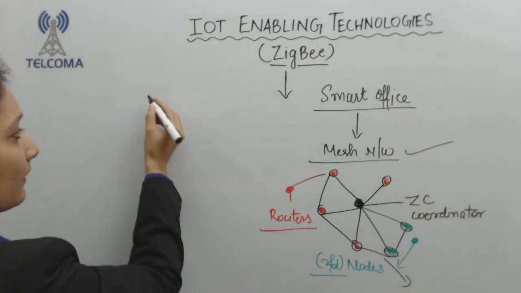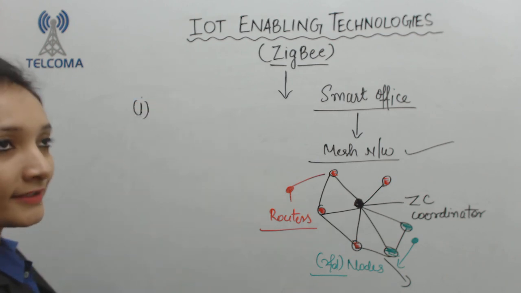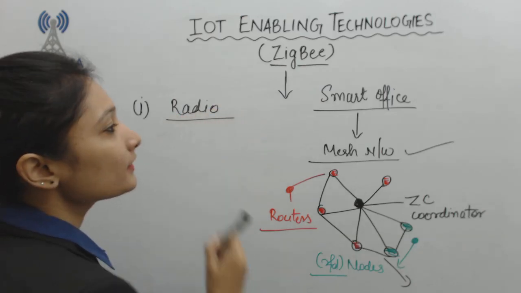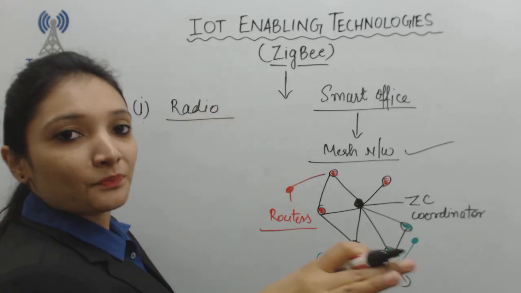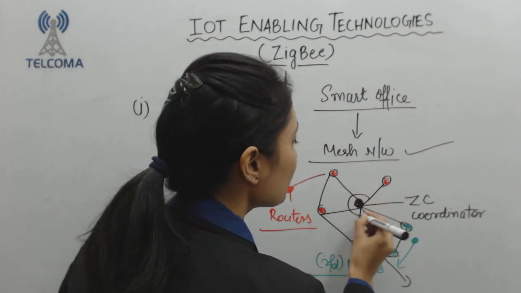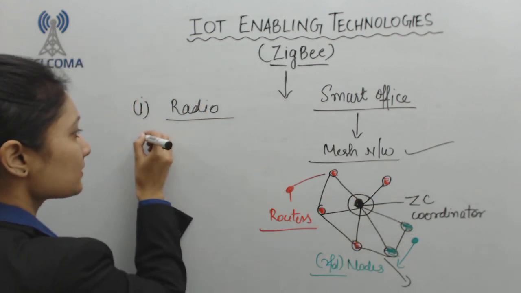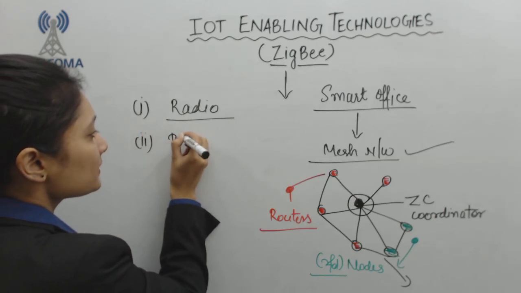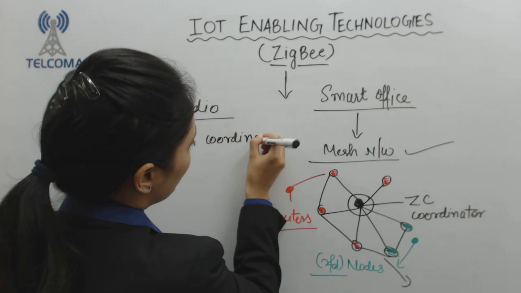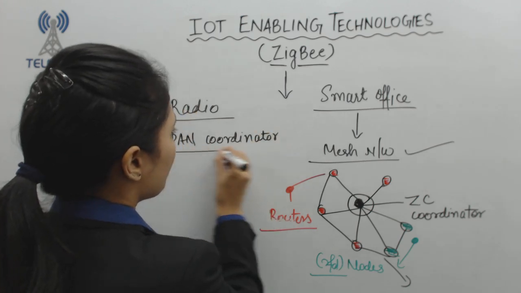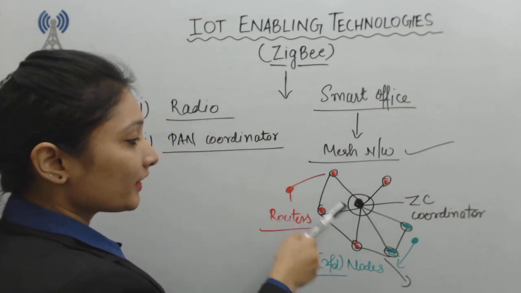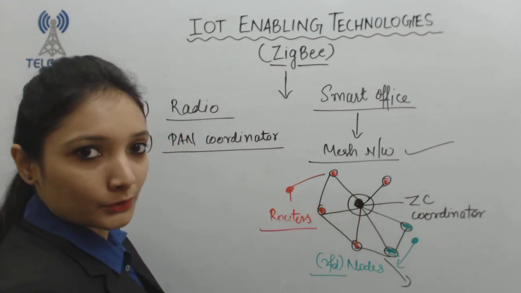Now for its working, it is using the radio, your digital radio. That means your low frequencies to transmit this information. Now, the setting up of this part is important. Your personal area network coordinator setup is very important here because this coordinator manages all the nodes.